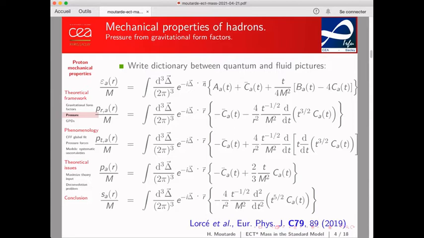The explicit form of the dictionary, of course, will depend on the frame you are considering, but once you have set the rule of the game, if I may say, you can write this dictionary. Here, I will focus specifically on the last one of these relations, because as I will explain, this is the one we can hope to get without any model assumption from experimental data. And so it will be the main focus of interest in the rest of the talk here.